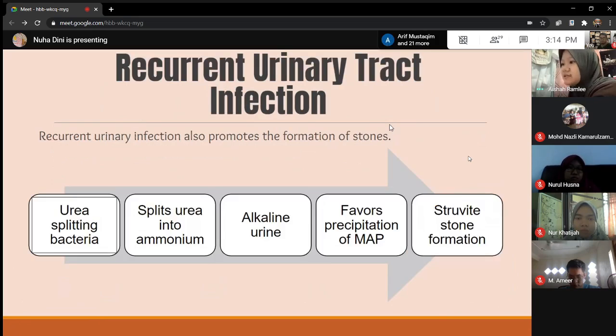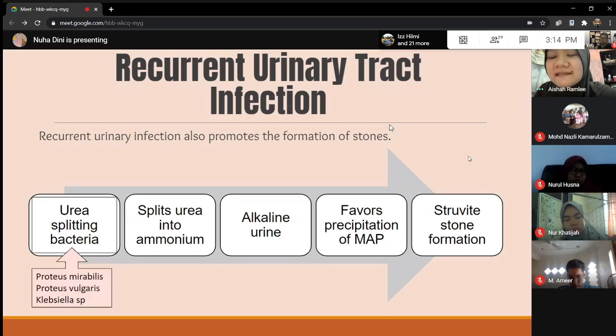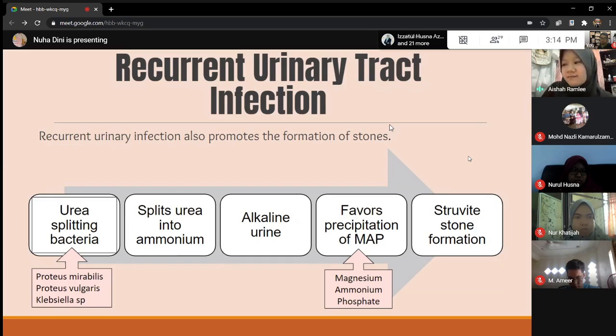The next one is recurrent urinary tract infection. For example, in Proteus vulgaris infection, this organism is capable of splitting urea.